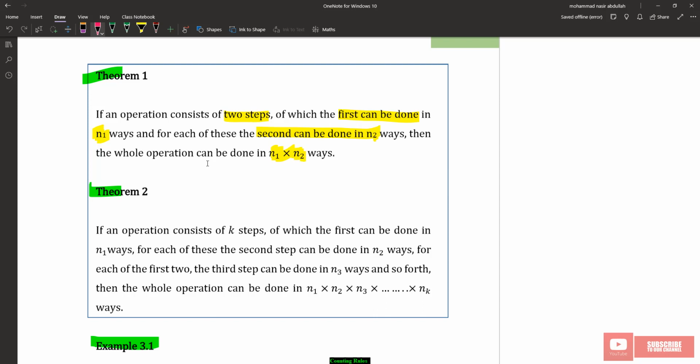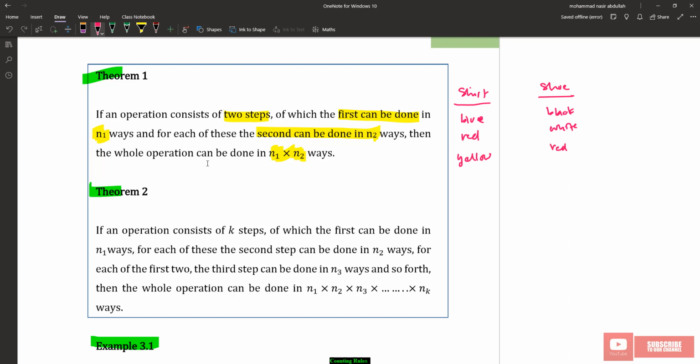a choice. Let's say you have shirts to wear, let's say blue, red, yellow. This is the shirt. Let's say you also have shoes: black shoes, white shoes, and the last one, red shoes.